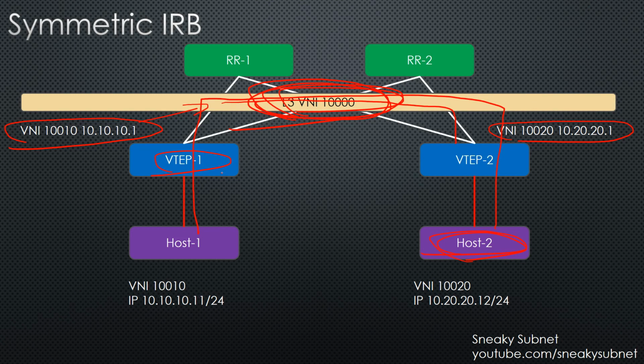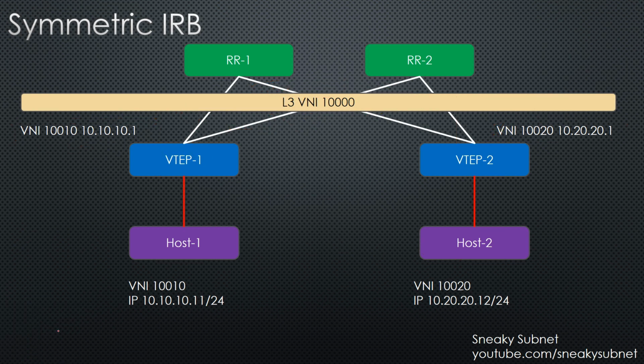And it allows our VTEPs to have VNIs only for hosts that are directly attached. So VTEP number 1 has host 1 directly attached with VNI 110. That's why it has a default gateway for VNI 110.